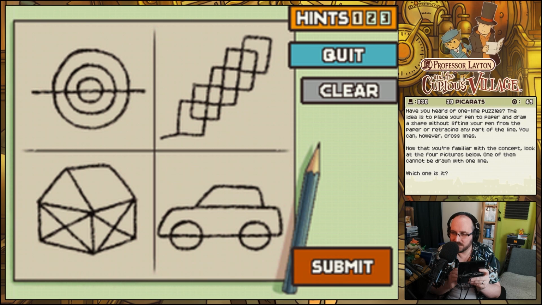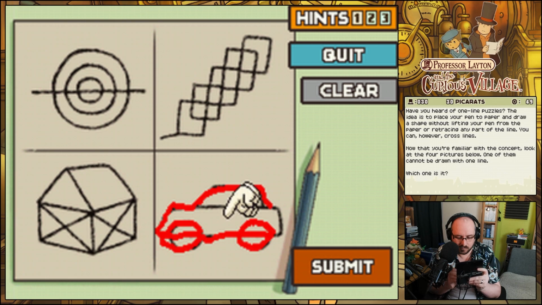Could it be the car? No, because if I start from here, that's intersecting, isn't it? Not redrawing over it.